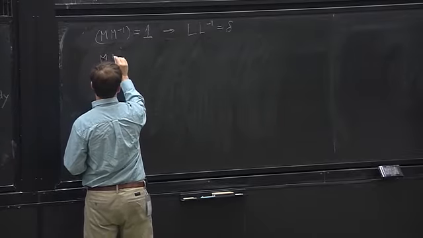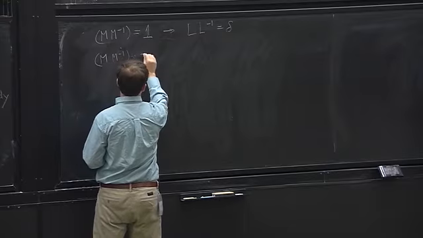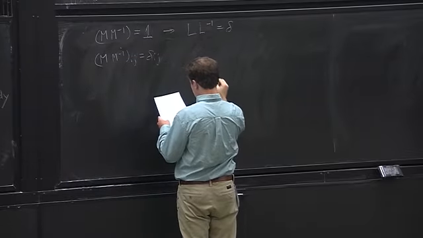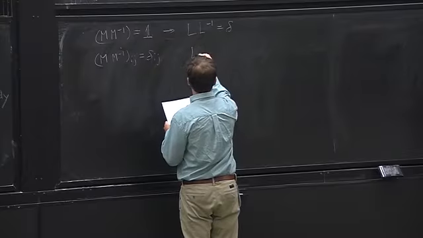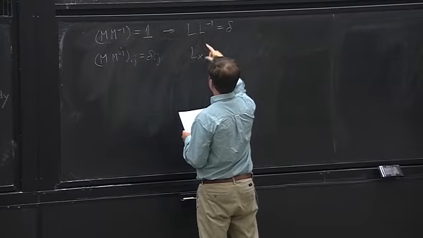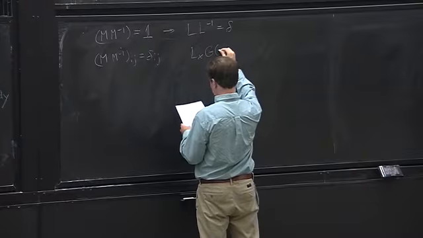In the matrix case, M times M inverse, ij, is equal to Kronecker delta ij.